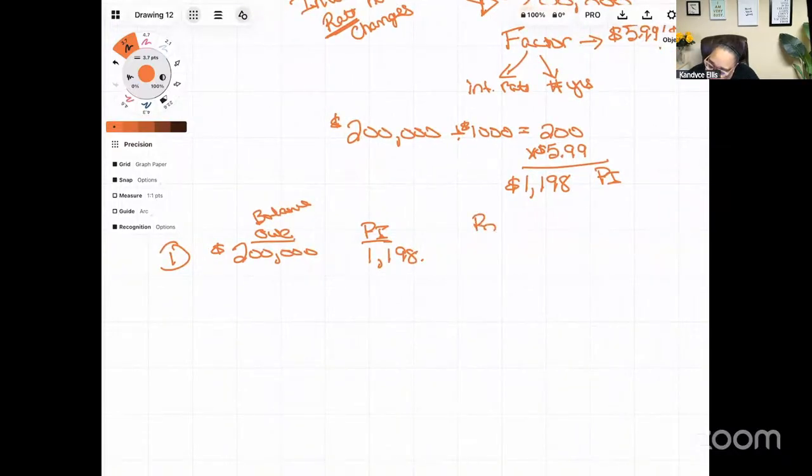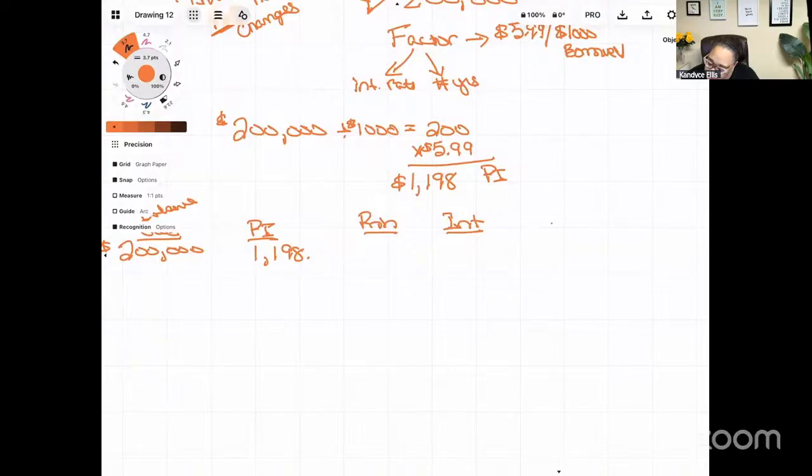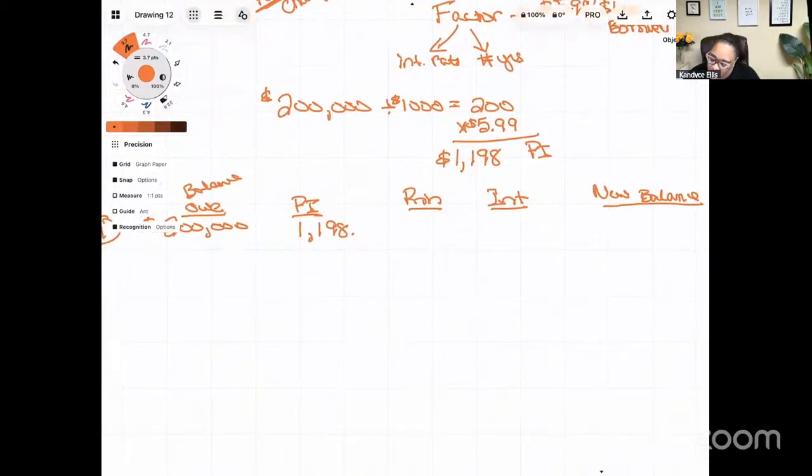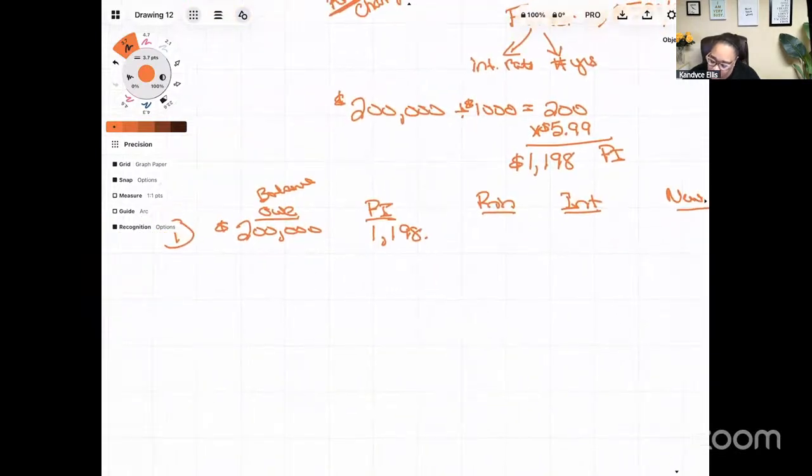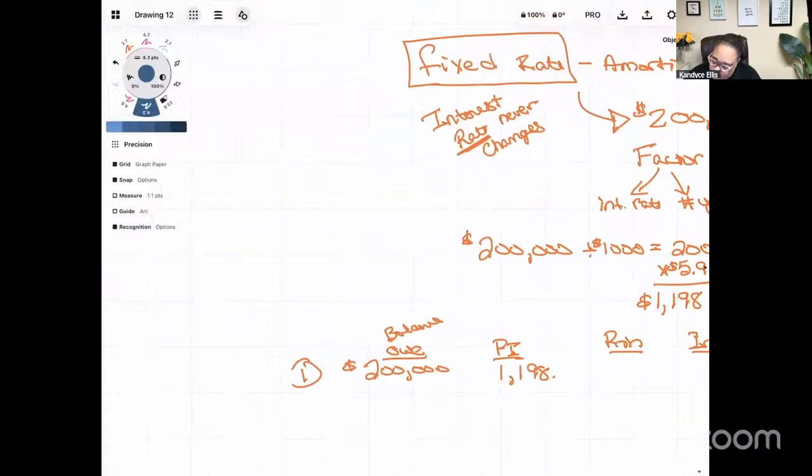Some of that is principal and some of that is interest. And then whatever that principal is, you're going to get a new balance. I'm going through it quickly because I know we've done this before. For this first payment, if you borrowed $200,000 at 6% for 1 year, we multiply it, that would be interest for a whole year, $12,000.